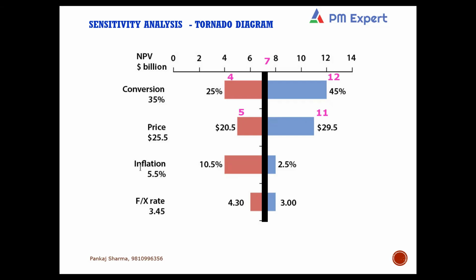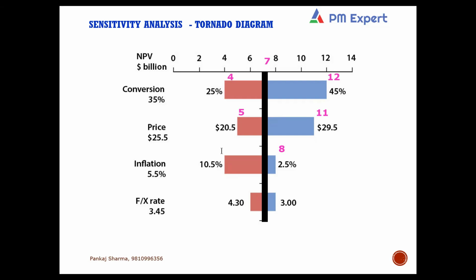Similarly, I'll do risk 3, inflation. Inflation is a cost, so it can impact my profitability. If I keep the inflation at 5.5%, I can hit the target. But if inflation is lesser, let's think positive, then I may make higher than 7, I'll make 8 billion. But if inflation goes higher, let's say 10.5, then how much will I make?